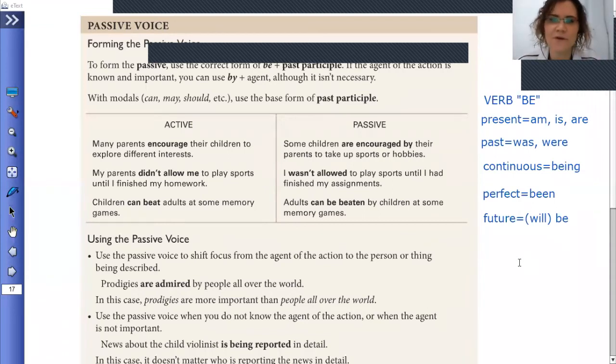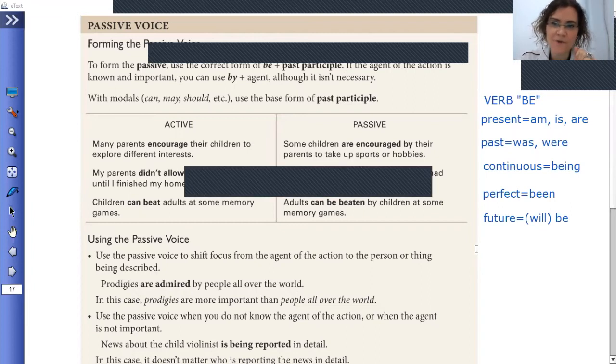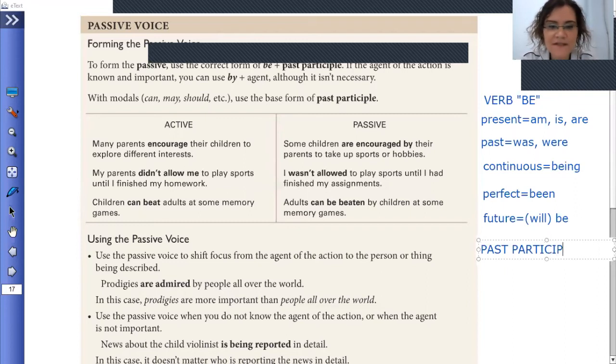This is very important to remember, because that is basically the only difference: that you add the right verb form. Another thing that you need to add is the past participle, also very important. Past participle equals verb 3.